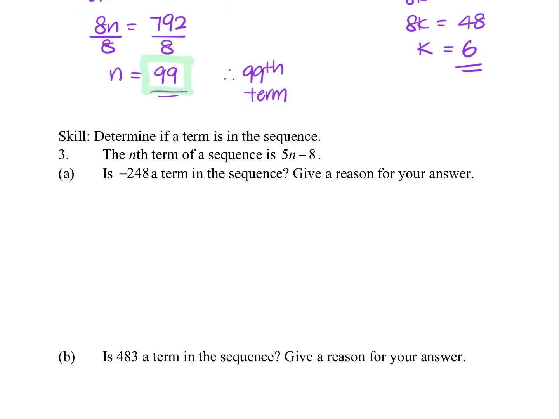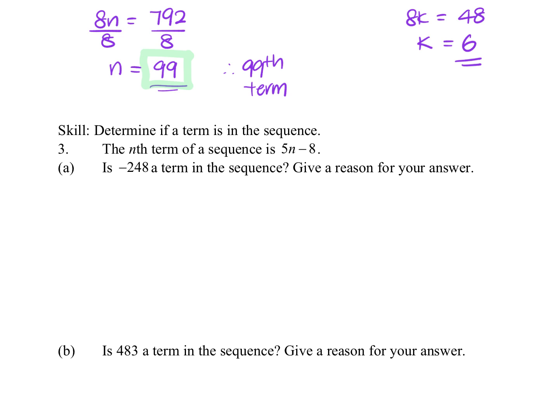So what we can do is, I only have the formula, right? I have the formula 5n minus 8. And I have the final result, negative 248. So I'm going to take this formula, 5n minus 8, and equate it to negative 248. I'm going to work backwards to try to find what is n.